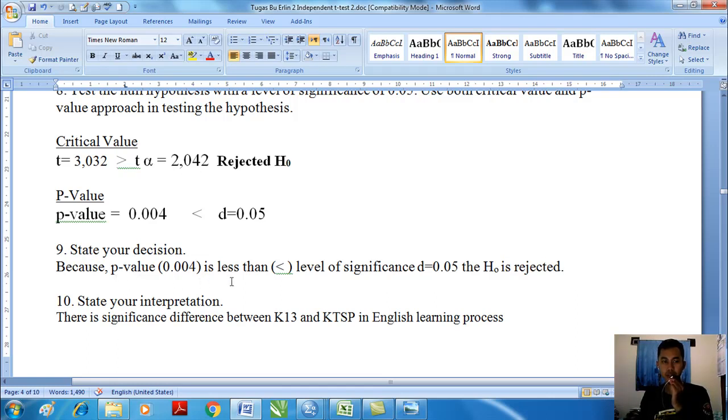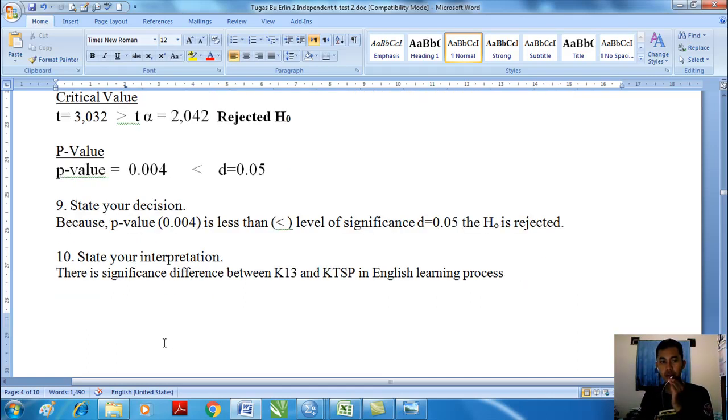The next question is the decision. Because the p-value is less than the level of significance, the null hypothesis is rejected. And the interpretation, of course: there is a significant difference between K13 and KTSP in English learning process.